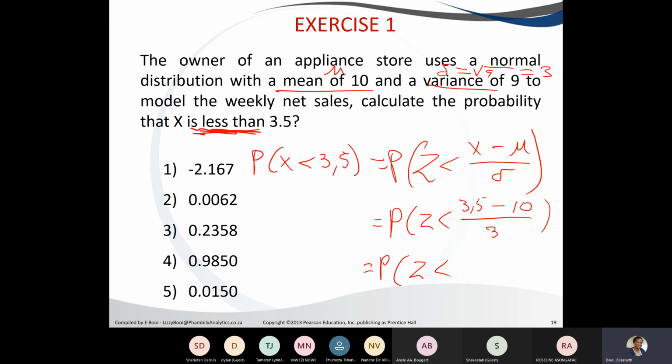Divided by 3 gives us minus 2.17, because we need to only keep 2 decimals. Minus 2.17.